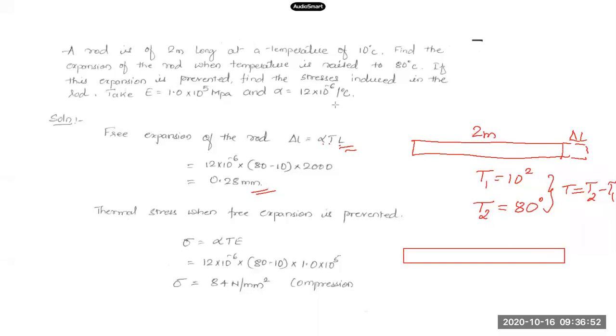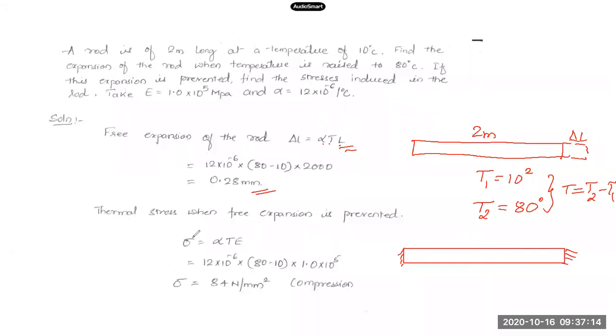Actually, the bar will have certain restraints or supports which will not allow it to expand freely if it is fixed at both ends. If the change in temperature occurs, it will not allow it to expand. Under such a situation, stresses will be developed here.